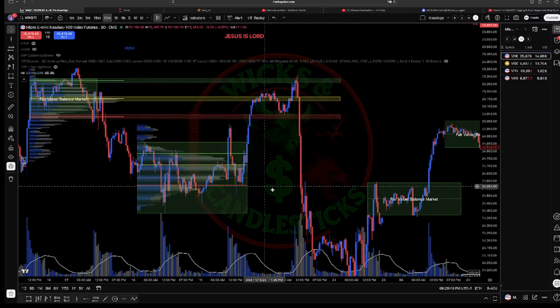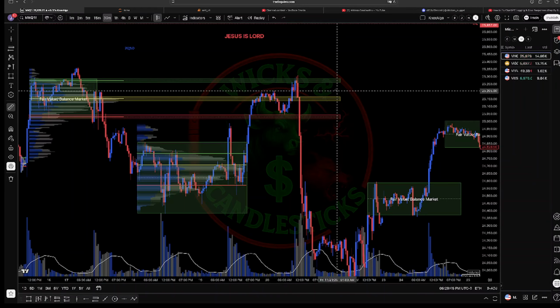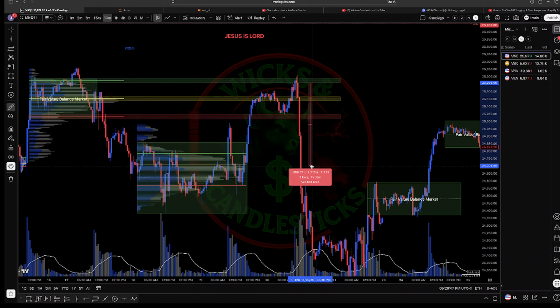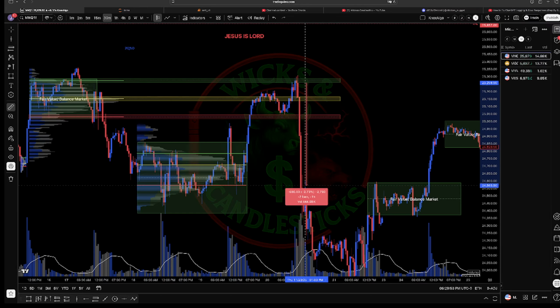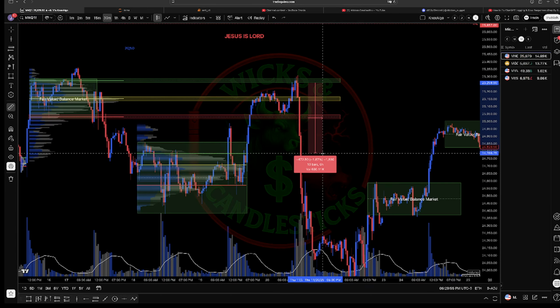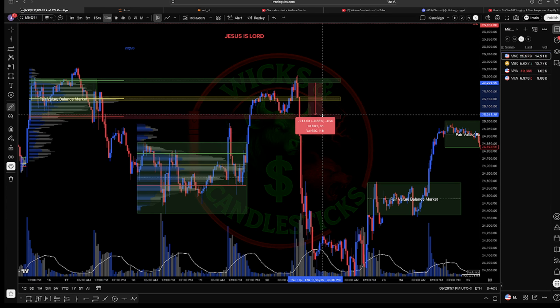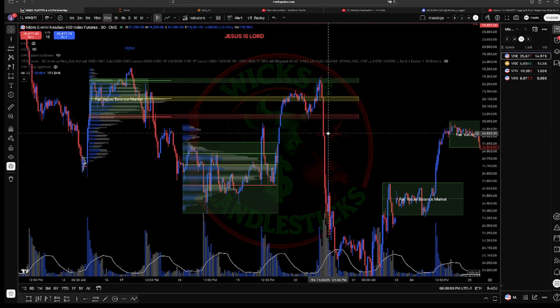All in all, if you would have called the top of it, it's 500 points here, 690 here, 427. Even here, if you would have called it here, that's 225 points. But again, this is on the 30-minute time frame.